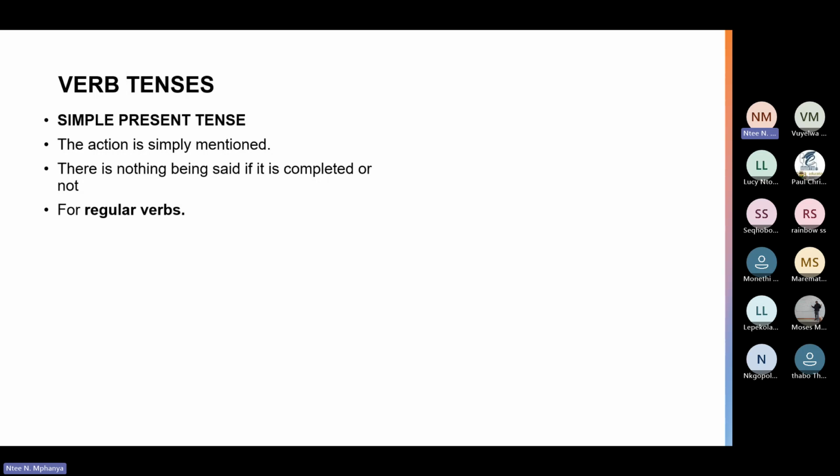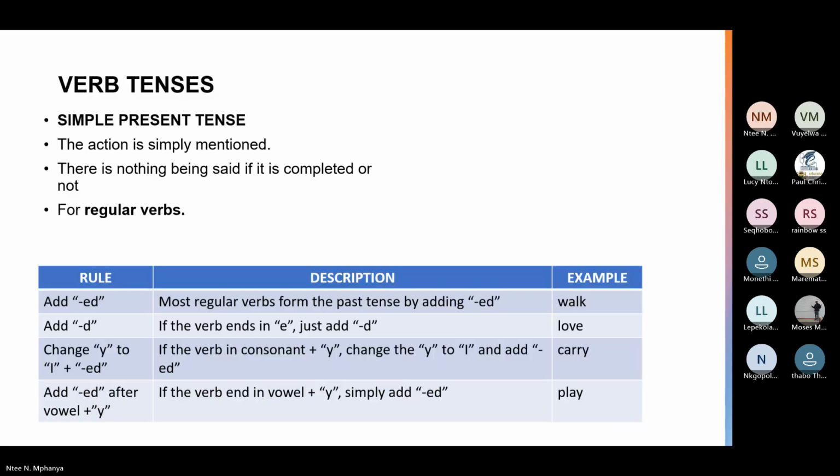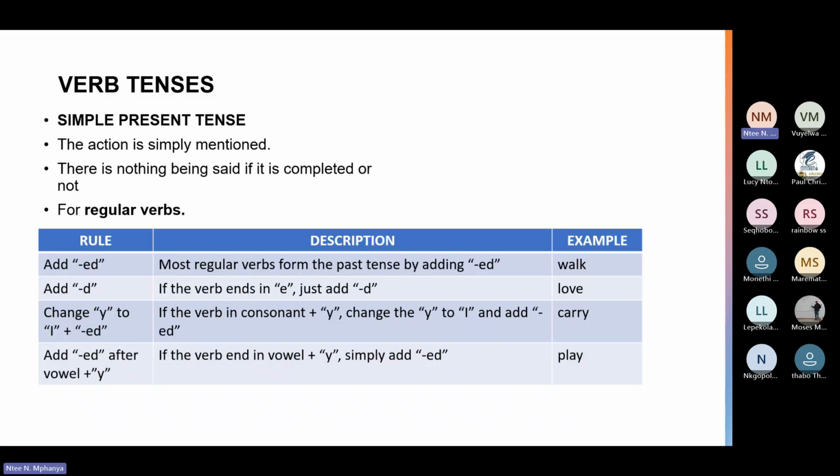Let us first of all start with how verbs change from one tense to another if that verb is regular. We have a rule, we have a description thereof, and an example of such verbs.